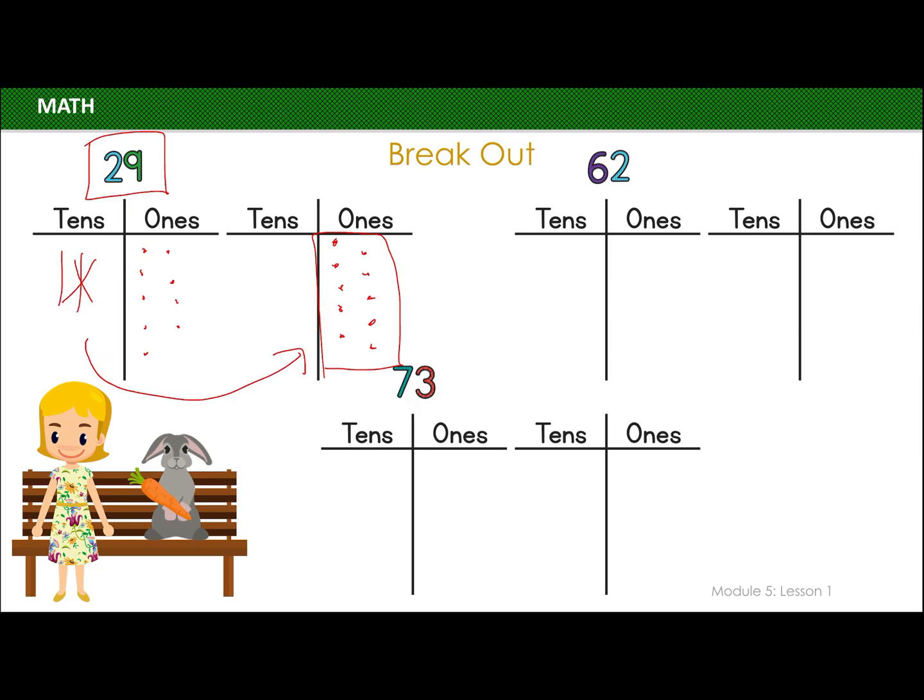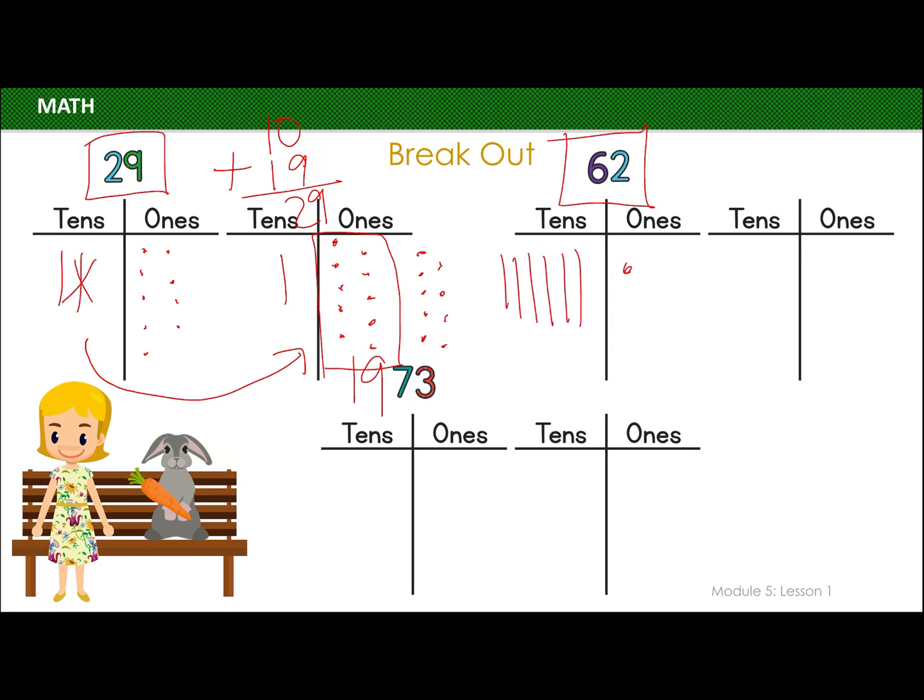There's that 10 stick in 10 ones, and I still have that 9 from before. 10 plus 9 gives me 19 ones. And now I only have 1 10 stick because I took one away from my 2. So 1 10 stick equals 10 plus my 19 ones. I have 29.